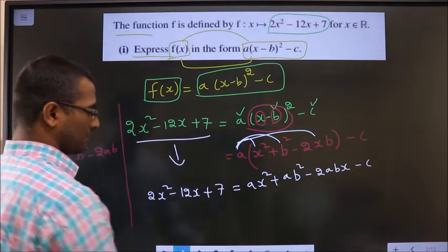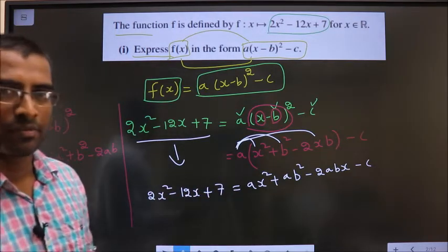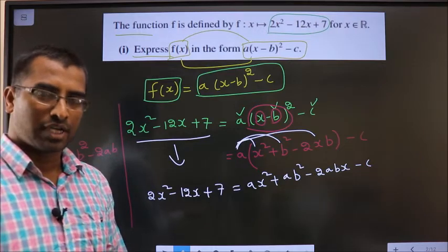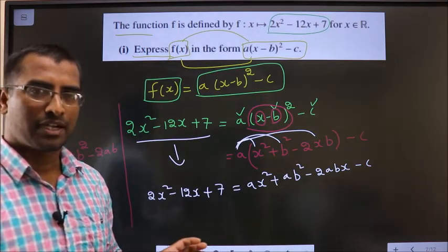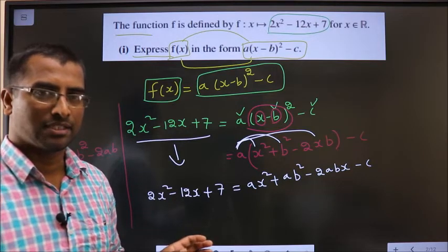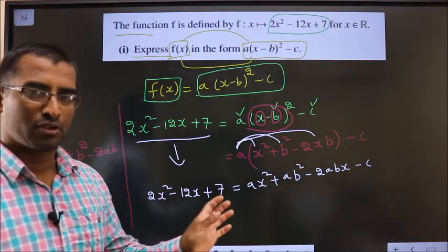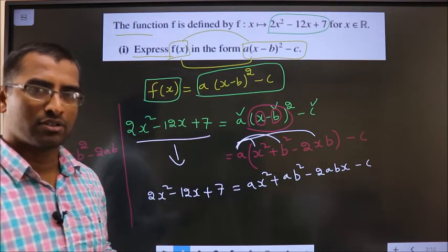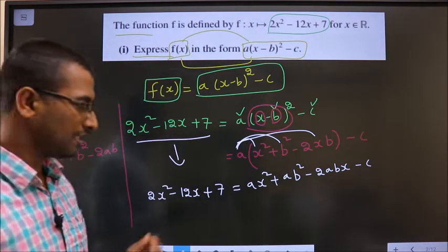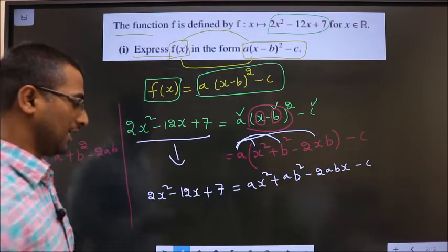Plus 7. Now, I will do comparing coefficients on both sides. That will result in the values of a, b and c. Clear? Compare coefficients on both sides. That will lead you to get the values of a, b and c. Let us see here how it's done.